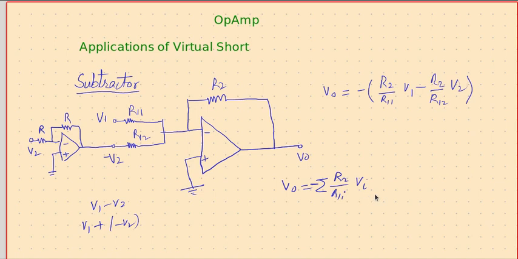And if Vi is positive, we get summing. If some Vi gets negative, that gets subtracted, and you can generate any algebraic expression through this. So that's a linear activity.